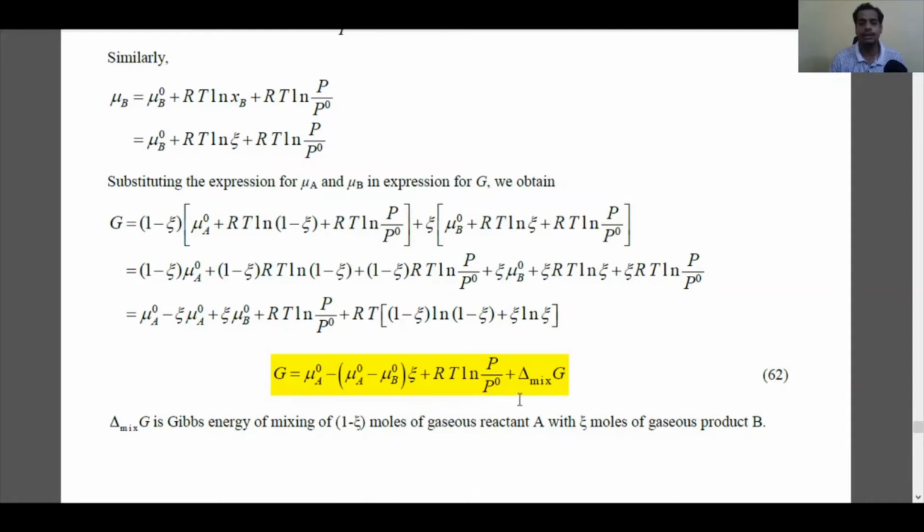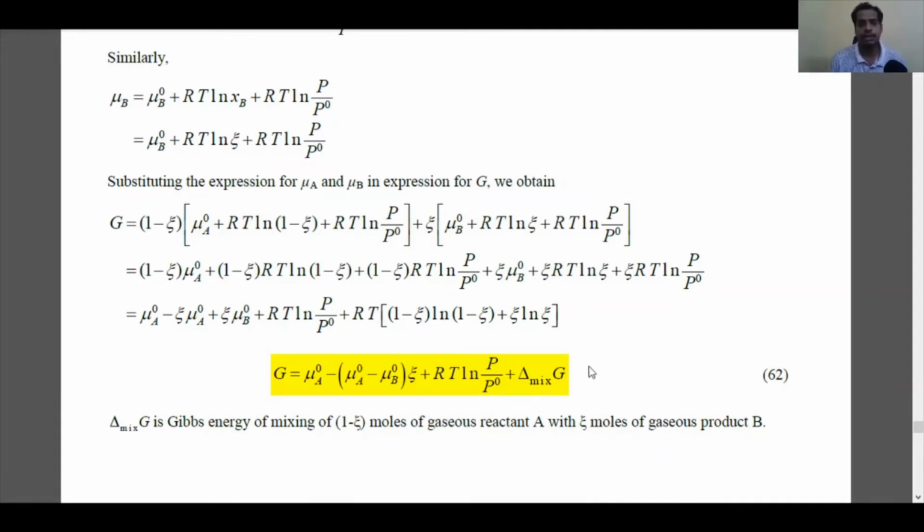How this is the Gibbs energy of mixing, we'll see shortly. And the other first three terms are obtained from these terms. So there are totally 4 terms. One is mu A0, the first term. The second term is (mu B0 minus mu A0) into xi. The third term is RT ln p by p0, plus there is the Gibbs energy of mixing.